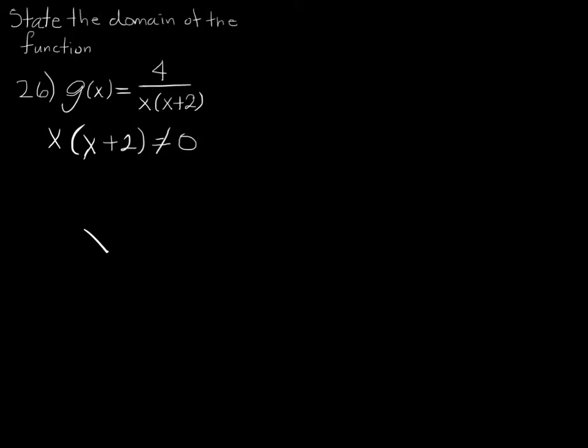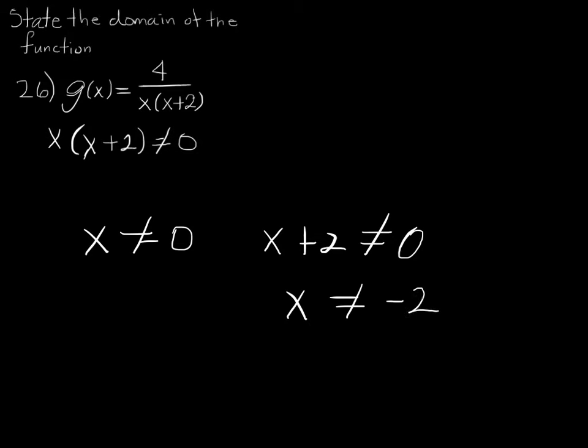So we have x does not equal 0, and x plus 2 does not equal 0, or x does not equal minus 2. If x was minus 2, then x plus 2 would be 0.